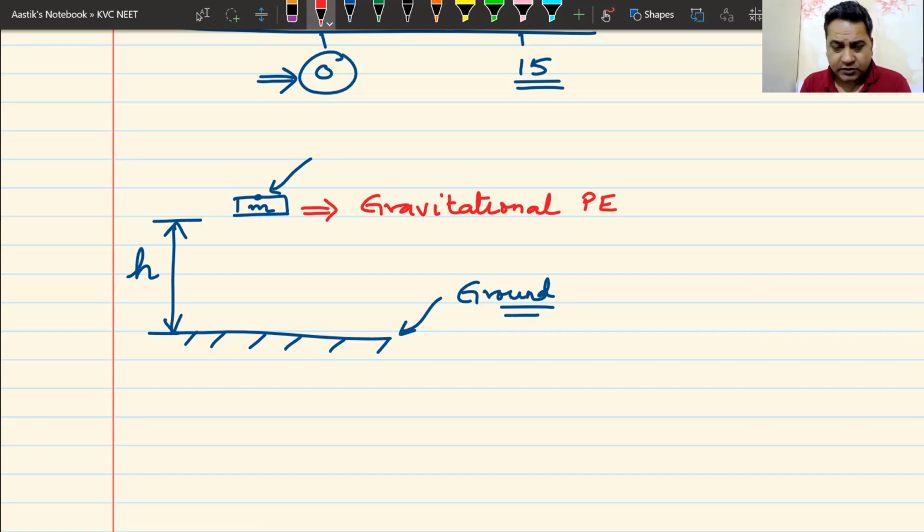I hope you have thought about this question. How much gravitational potential energy does this body have?